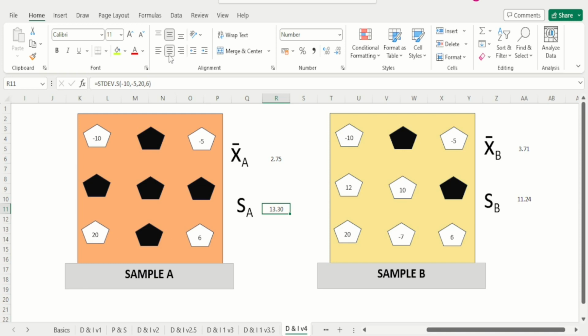Is this the standard deviation of the sample? Not really. This number that you're seeing here right now, 13.30, is an estimate of the population. This is not the standard deviation of the sample.